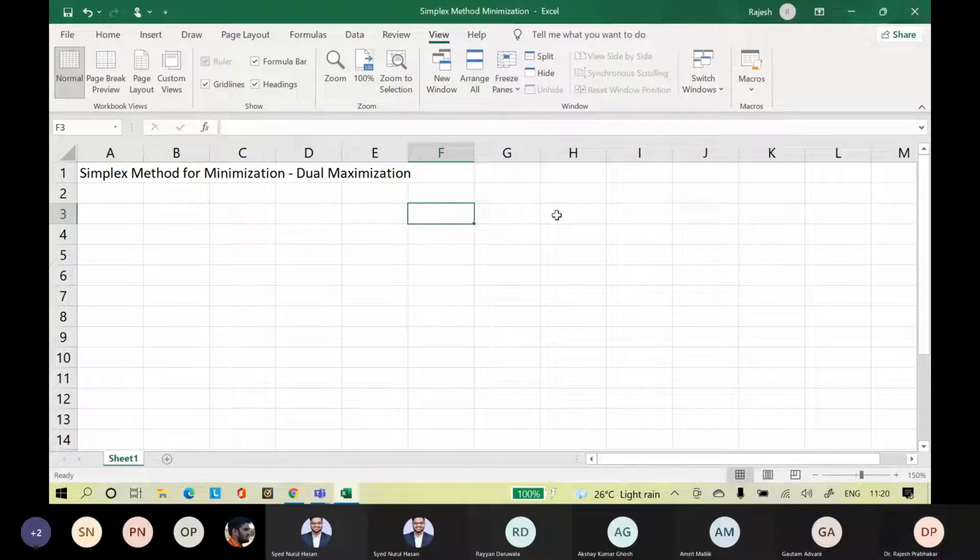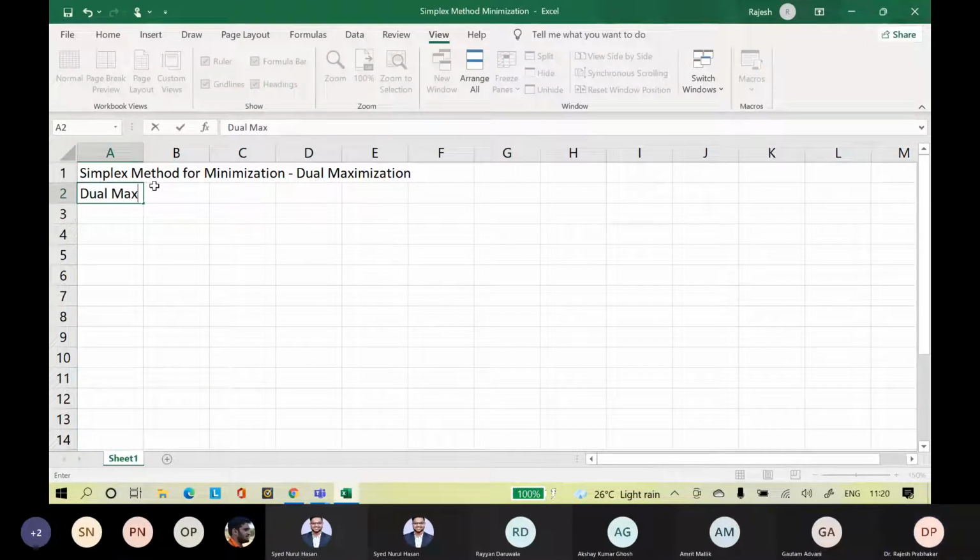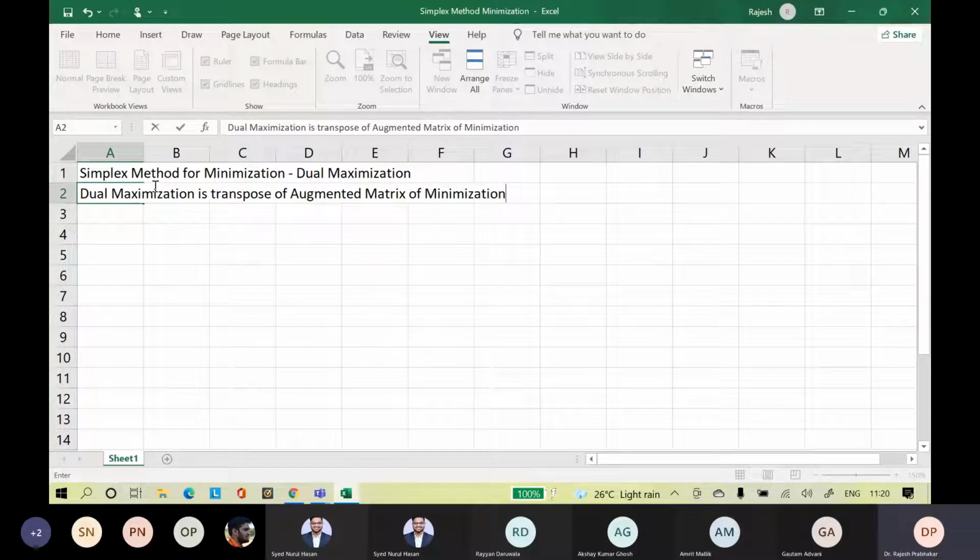So dual maximization is the transpose of the augmented matrix, the initial matrix of the minimization problem. So we will first frame the minimization problem into a matrix form and then we transpose that matrix.